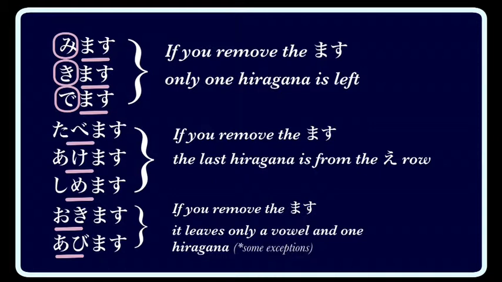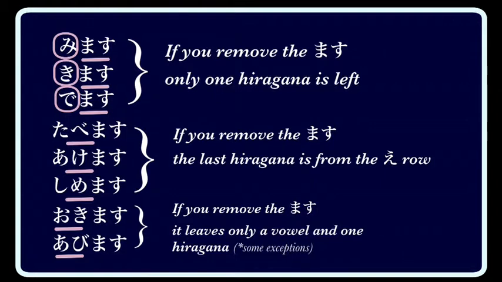Or tabemas, akemas, shimemas. If you remove the mas, the leftover hiragana is from the e row. Or okimas and abimas, where sometimes a verb that has only a vowel and one hiragana ends up being a weak verb. There are exceptions to that one, and sometimes we have two verbs that look the same in the plain form or in the mas form.